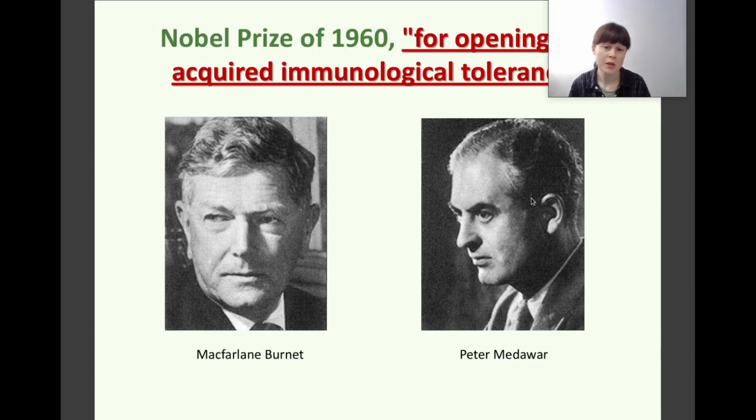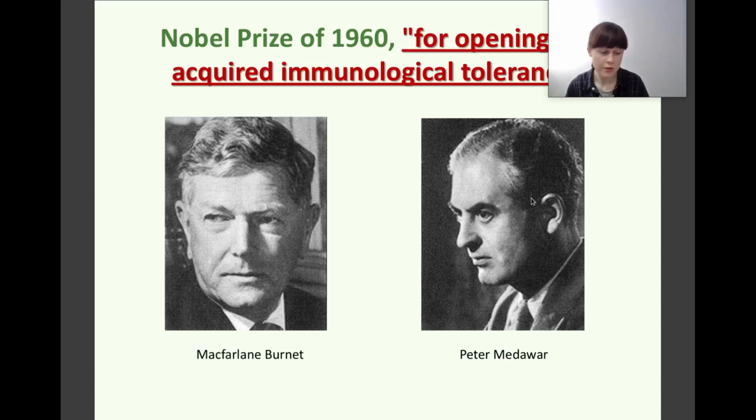Macfarlane Burnet, among the first to hypothesize clonal selection, added the corollary that lymphocytes specific for self-antigens are eliminated to prevent immune reactions against one's own tissues. The phenomenon was called immunological tolerance.